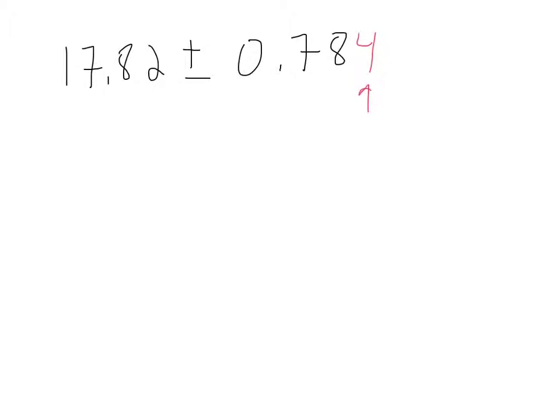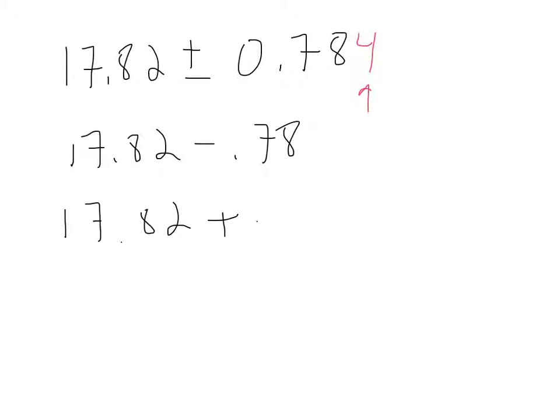So I'm going to do 17.82 minus 0.78, and then I'm going to do 17.82 plus 0.78, and this will give me my lower bound, which I'll want to write first. Then this will give me my upper bound, which I'll want to write second.